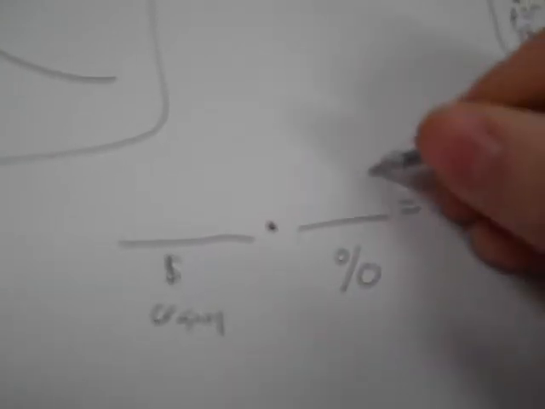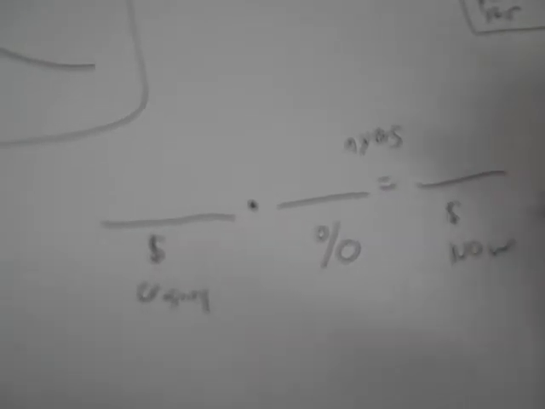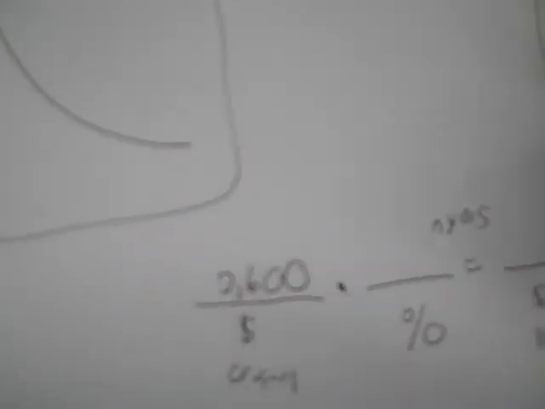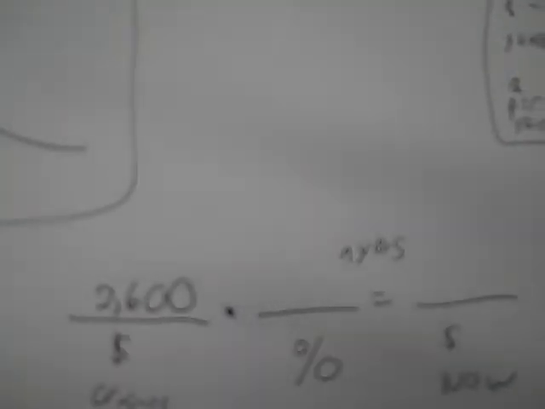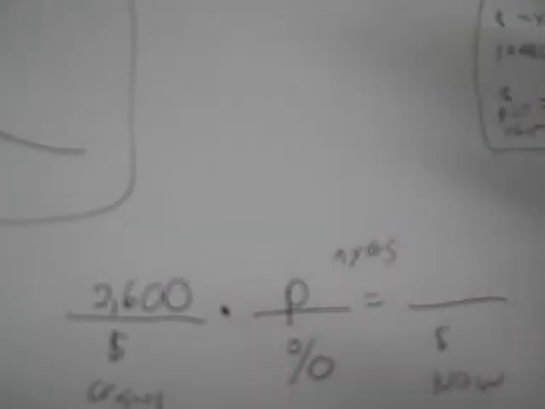Blank times blank equals blank. So you got your money original, then the percent to the power of the years, and then money new. So my original, some people ask, do you ever not know the original? It's possible, but I don't really do it in this class. So P is my percent, and there's none of this quarterly stuff, so I do not put the 4 there.